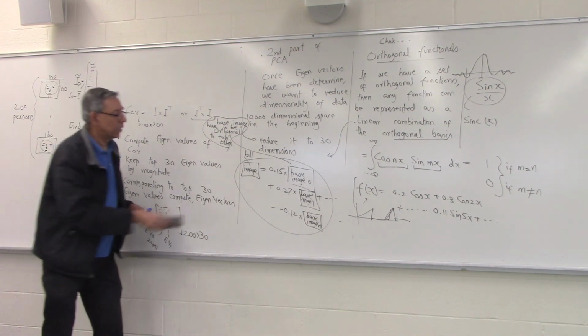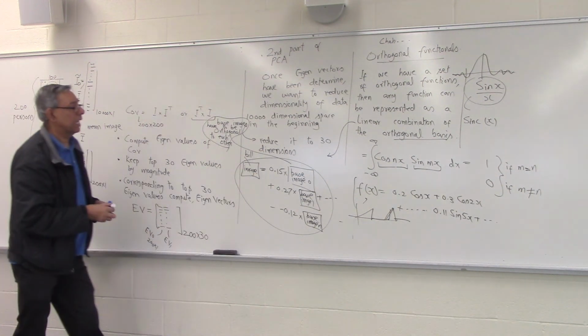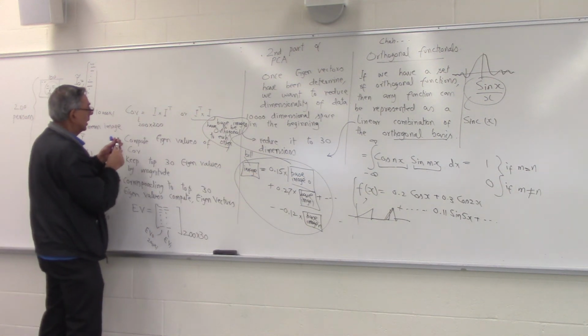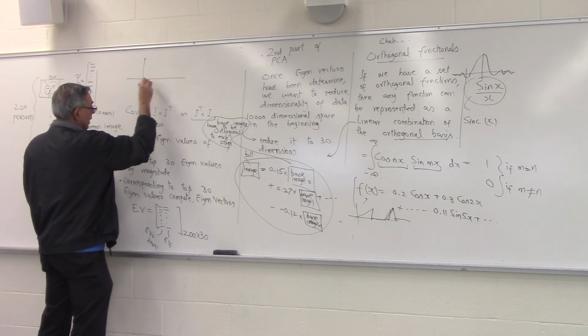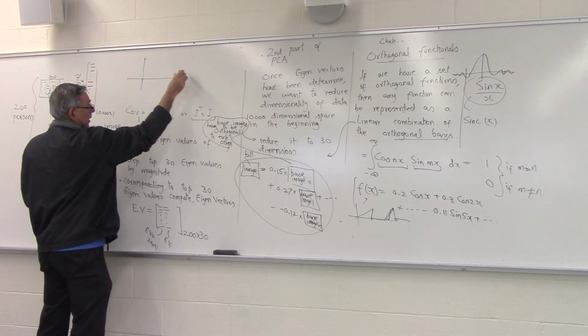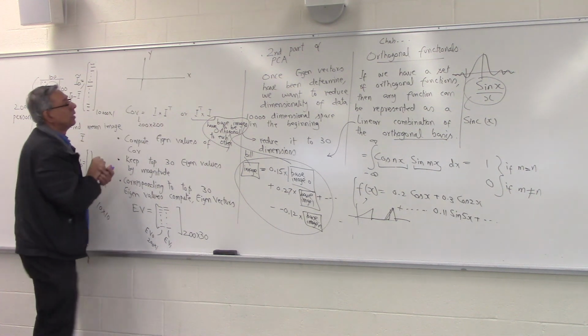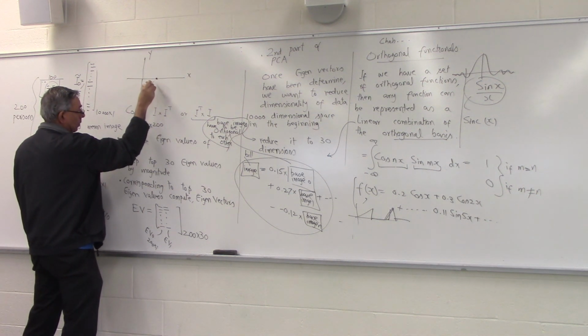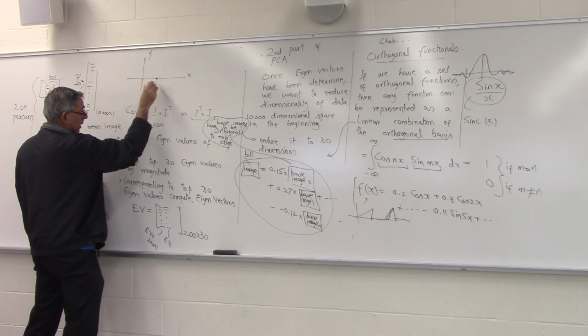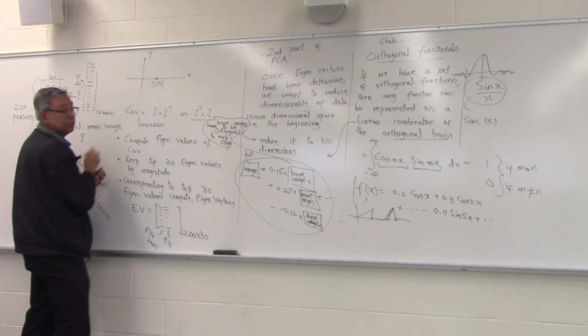Okay, so let me give you the answer. For example, let's take a look at the x-axis and y-axis. If I gave you a point over here whose coordinate is, let's say, x of 1, y of 0.